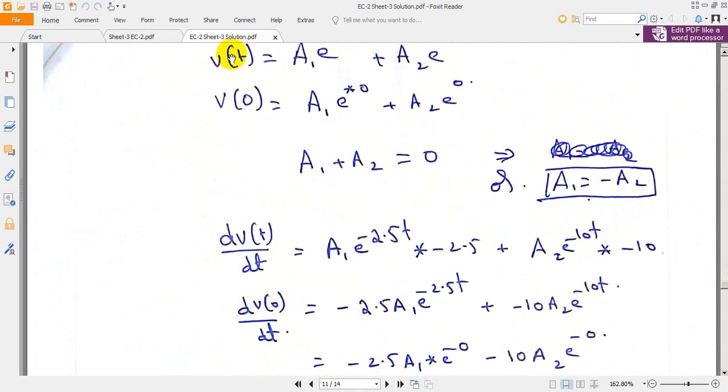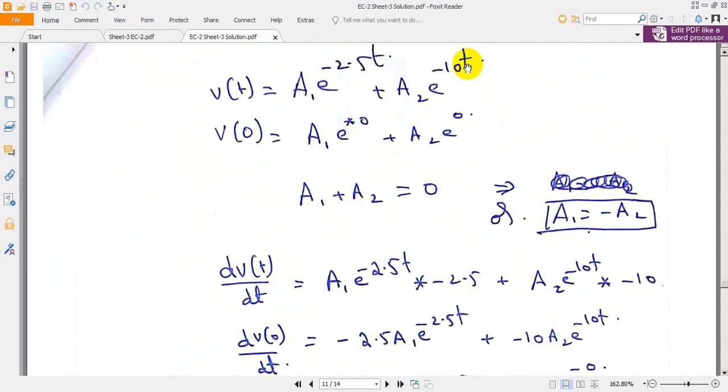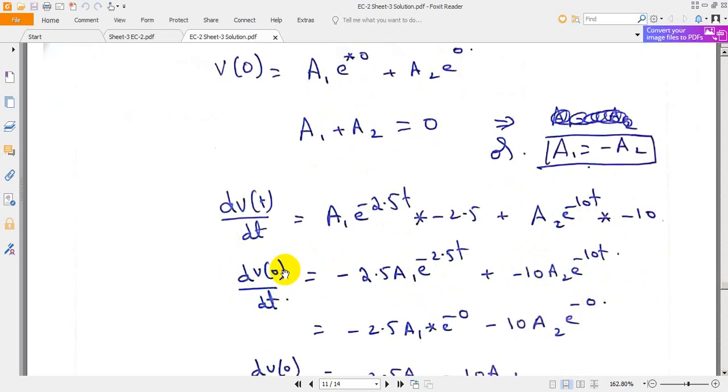Now next, differentiate the same equation. If you differentiate this equation, dV of t by dt is equal to A1 e power minus 2.5 t into minus 2.5, plus A2 e power minus 10 t into minus 10. Substitute t is equal to 0.